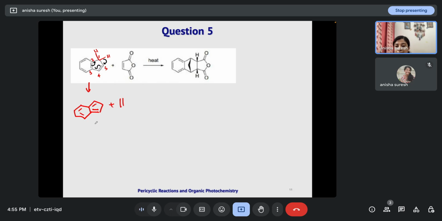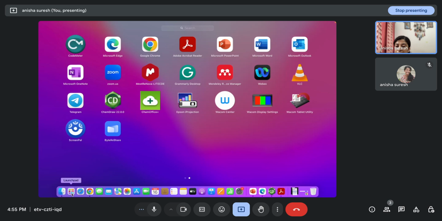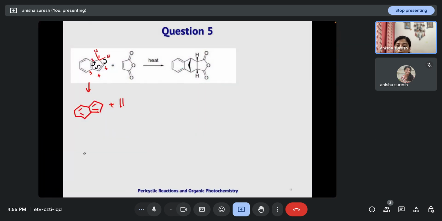So this is the diene component, and here this is our dienophile. So it will undergo a 4 plus 2 cycloaddition reaction.